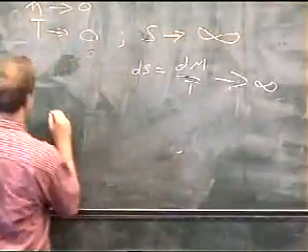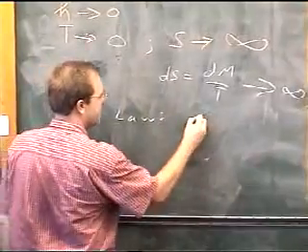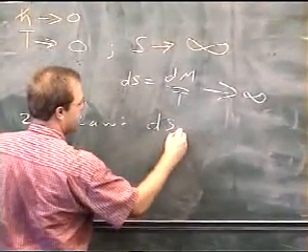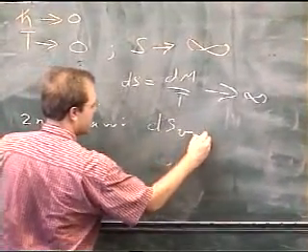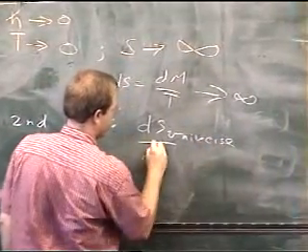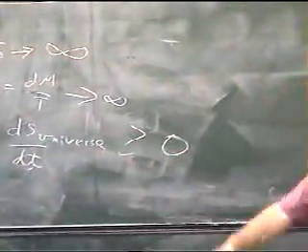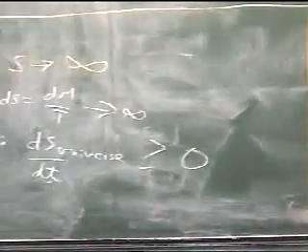So what does that say about the second law? The second law says that entropy for the entire universe, if you like, should not decrease in time. It should either get bigger or stay the same. Right? That's the second law of thermodynamics.